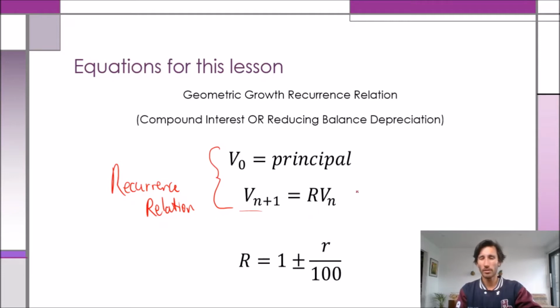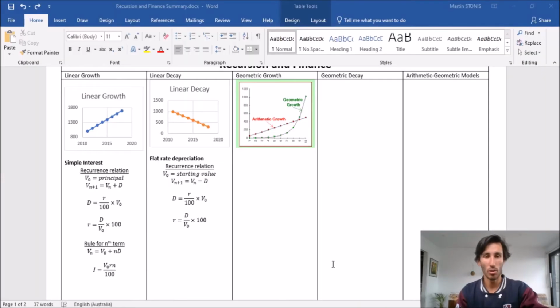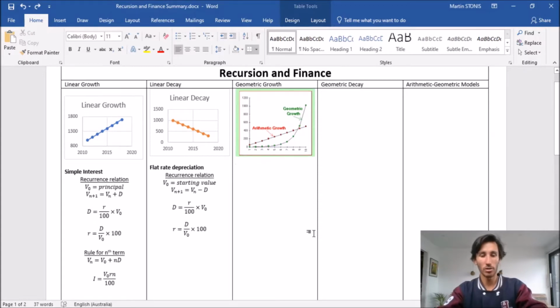So remember, for the last few lessons, we've looked at something that has a plus d or a minus d. Now we're multiplying by the same amount each time. This capital R is equal to 1 plus or minus, so compound interest or reducing balance depreciation, R, which is the rate, over 100. So you guys should be going to your notes page, and you should be doing something like this right about now.